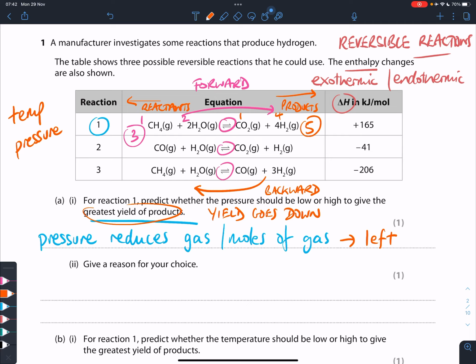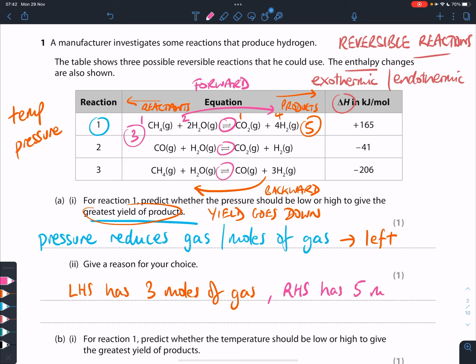Give a reason for your choice. Well, I've kind of done all of that in the first part, but what you can say is: left-hand side has 3 moles of gas. The right-hand side, RHS, has 5 moles.